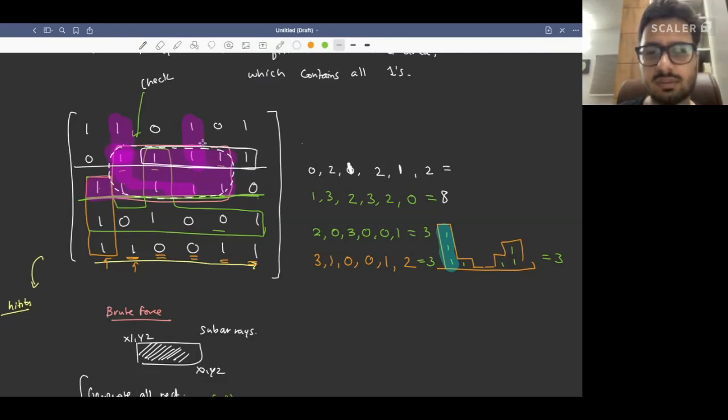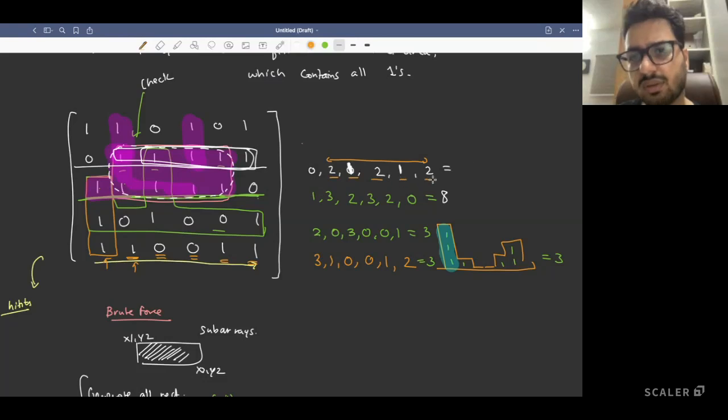This one, it is actually 4. 4 or 5? Oh, it's 5. It's 5 because I can at least take out 1 unit of height from all these bars. 1 unit, 1 unit, 1 unit, 1 unit, 1 unit. So it is actually 5, and this is clearly visible here also.